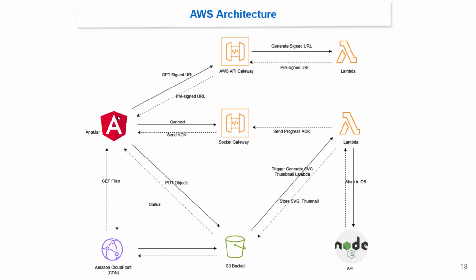For that scenario, we have implemented two Lambdas and two API gateways, along with the S3 bucket and also a CloudFront CDN.